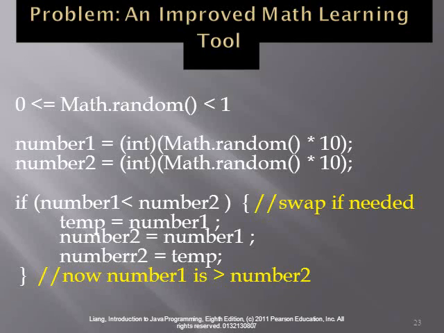And so we multiply this random number by 10 and then convert it to an integer by using the cast operator to int for an integer. And since first graders don't understand negative numbers, it's necessary for the program to test to see if we need to swap the values in number 1 and number 2. For more explanation of the program, watch the next video regarding this program.